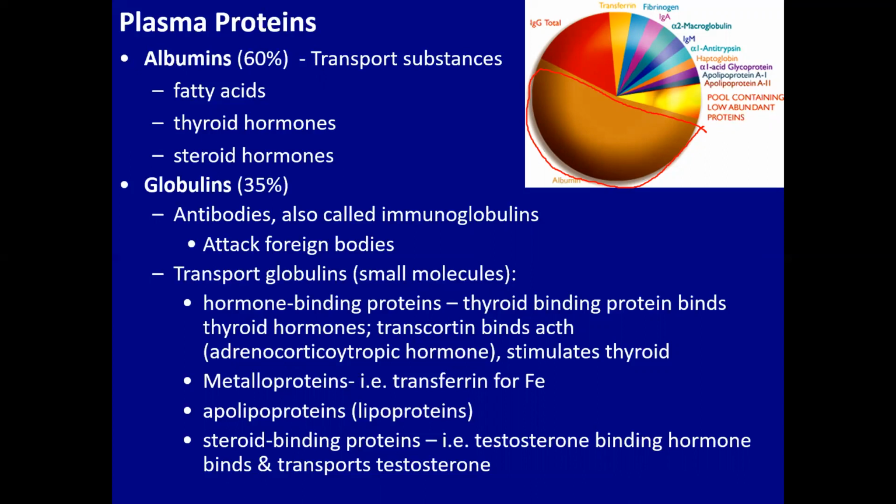We have transferrin. If you remember, transferrin is incredibly important for the transport of iron. And then we have apoproteins, like lipoproteins, which are going to be transported, and then steroid binding proteins.